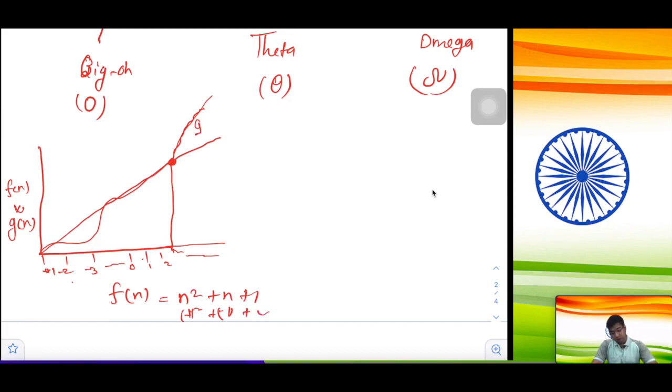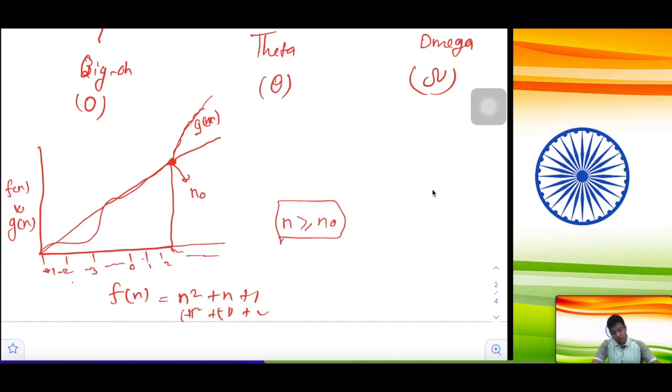So this is g(n). At this point we denote it by n naught. What is n naught? It means the value of n is always greater than or equal to n naught after this point. So g(n) is showing this function.